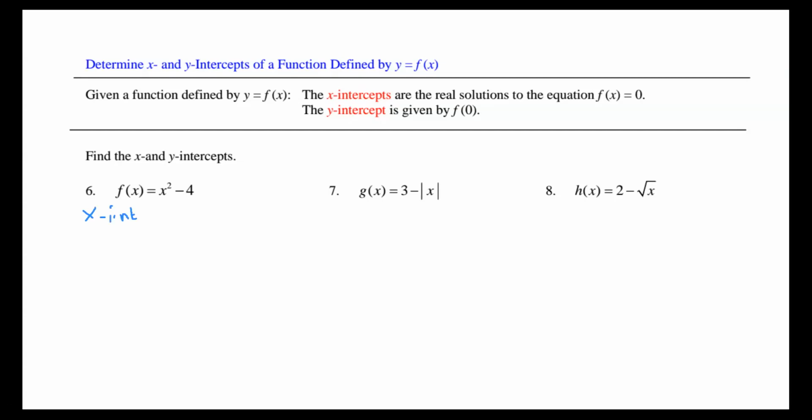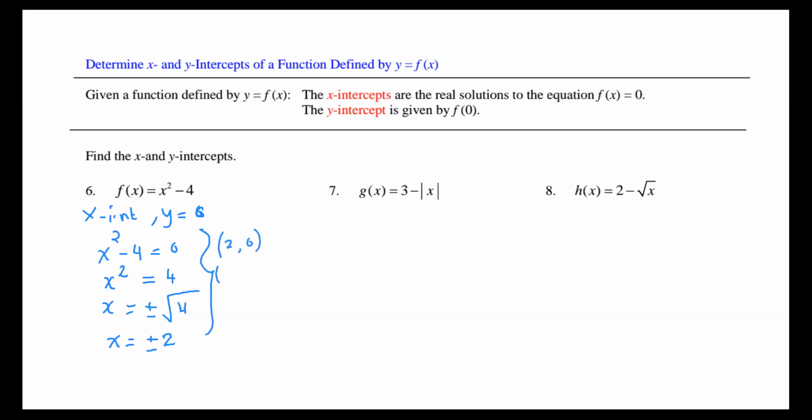So y is nothing but f of x. So if I put x squared minus 4 equal to 0, or x squared equal to 4, then to find x, x is going to be plus or minus square root of 4, which is plus or minus 2. So this gives us the x-intercepts 2, 0 and negative 2, 0.